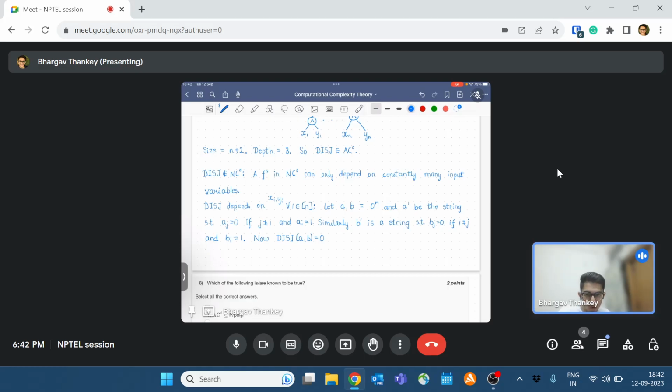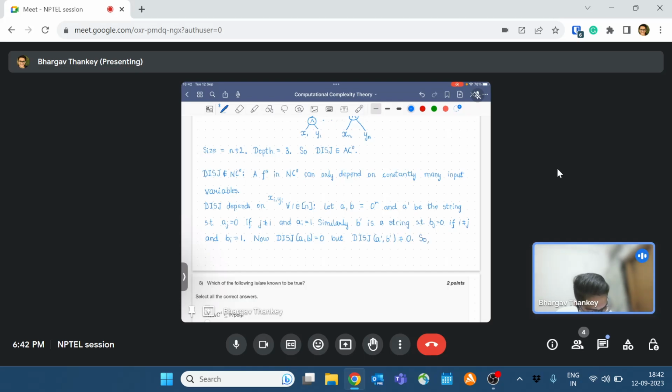A and B are equal and all zeros, and A prime B prime are also equal. They are all zeros except for the ith bit, at which both of them are 1. So now disjoint AB is 0, but disjoint A prime B prime is not equal to 0, right? What does this mean?